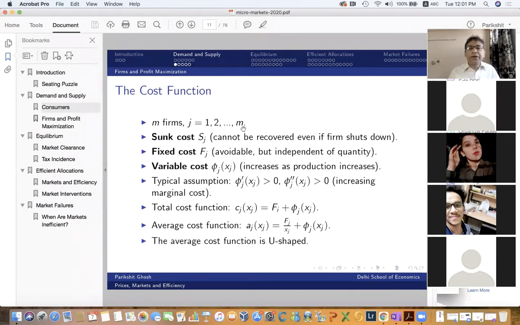Okay, but before we get to that, let's think about different notions of costs. Okay, first of all, there's the idea of opportunity cost. All right. So suppose right now I'm a professor at Delhi School, and suppose I have a bright idea that I want to start my own business. So I resign from my job and I start my business.